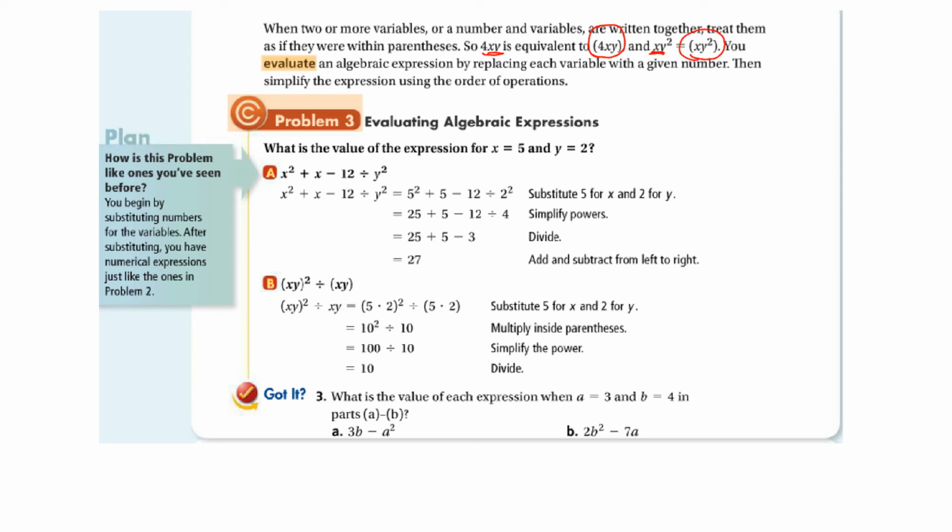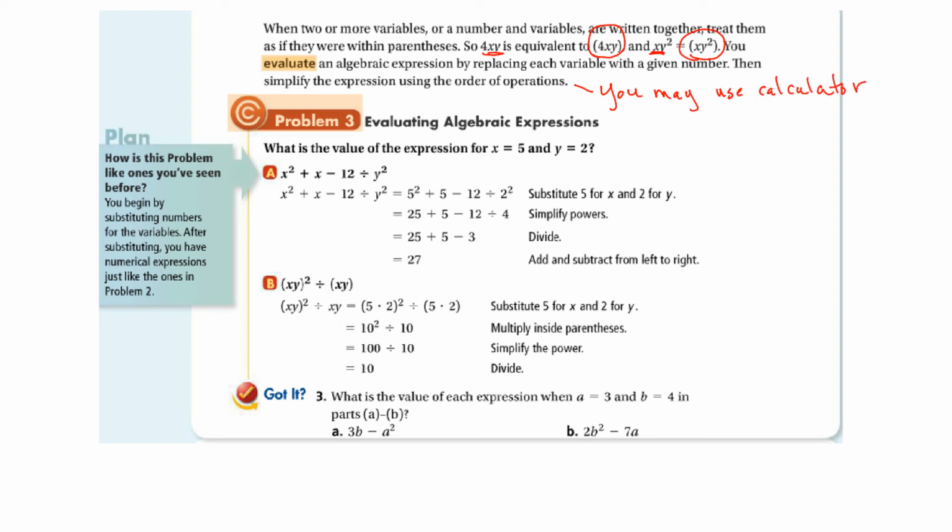I could write it like that in parentheses. Just like we talked about just a second ago, you evaluate an expression by replacing each variable with a given number. Then you simplify the expression using your order of operations. Again, you may use your calculator.